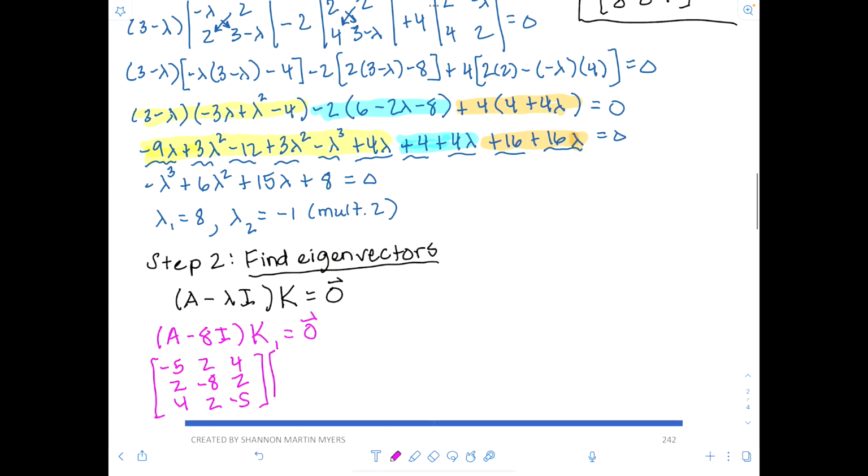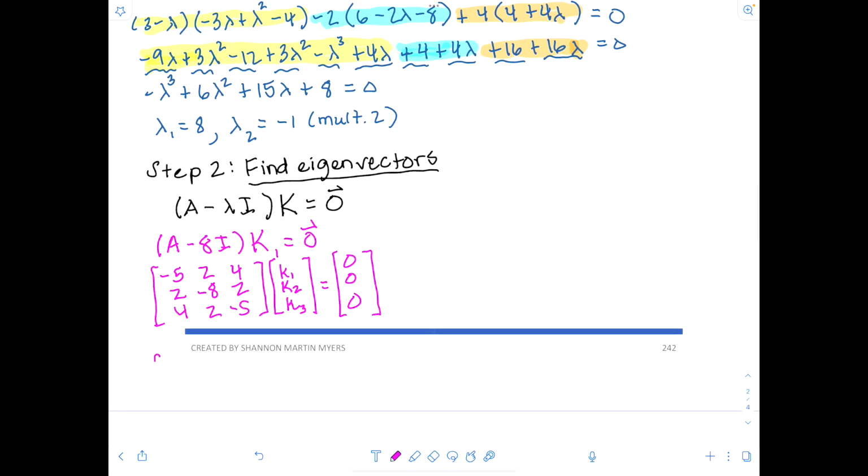So our K's, well, entries are K1, K2, and K3, because it's a 3 by 3 coefficient matrix, and that's all going to be equal to 0. Cool, cool? And then how do we solve that? Well, we make the augmented matrix. And then we find the reduced row echelon form using our technology.